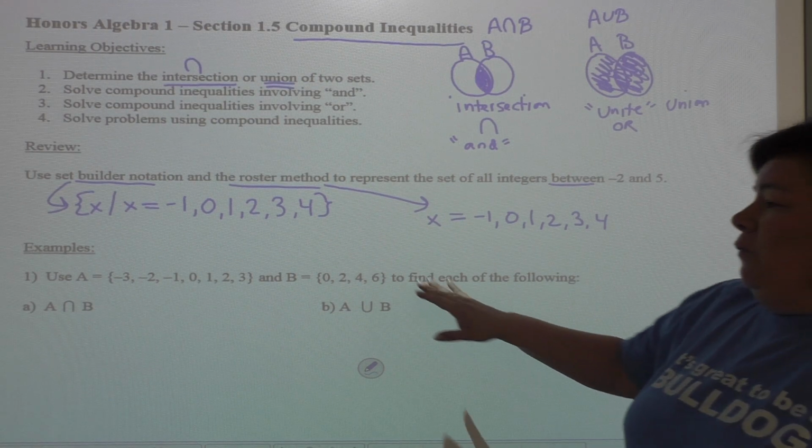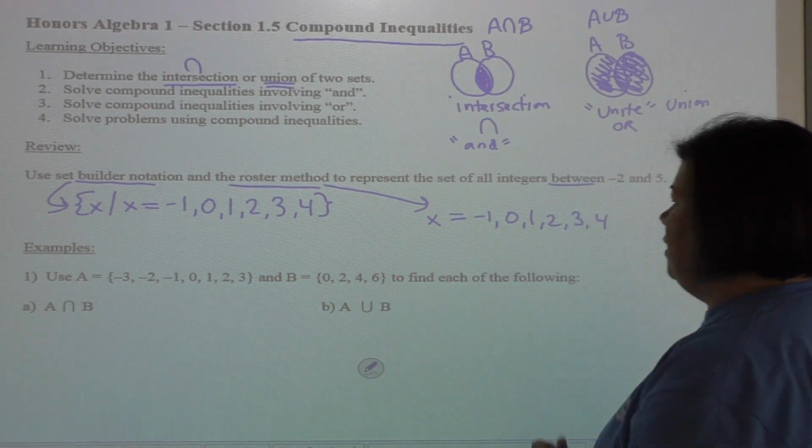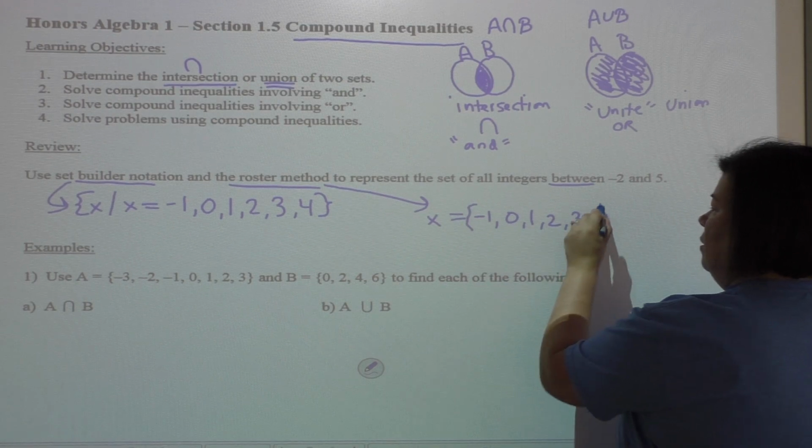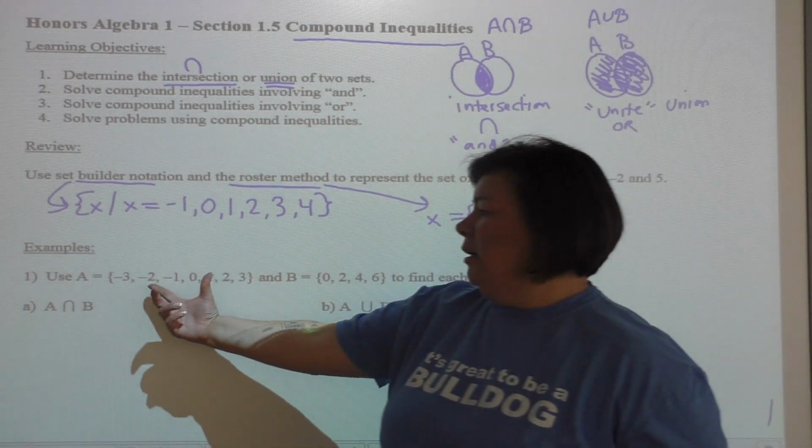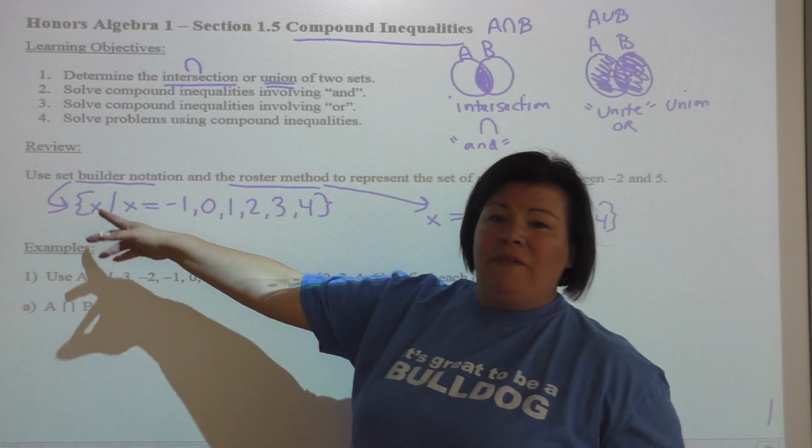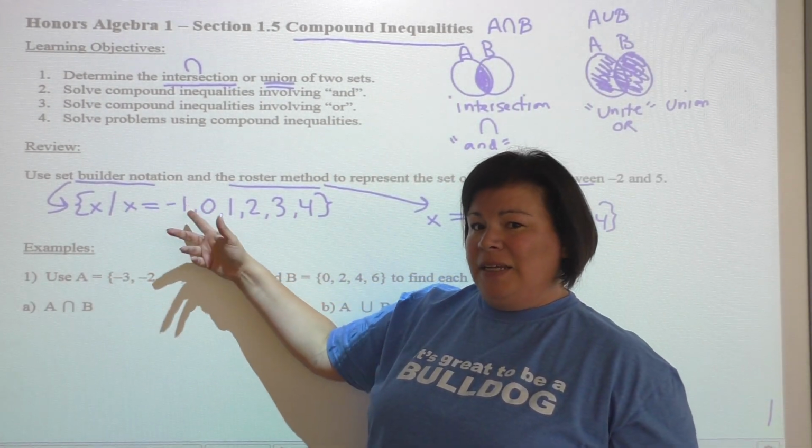So if you look here, this is really the roster method right here. It's just that you're not saying the set of all x values such that x has to equal.